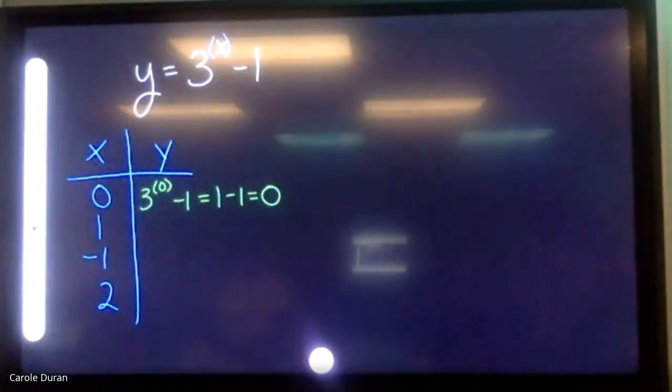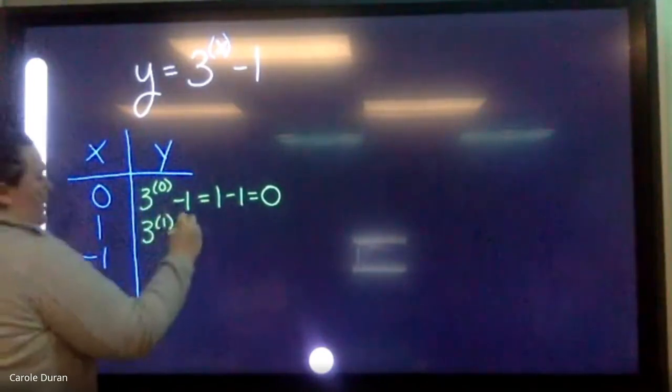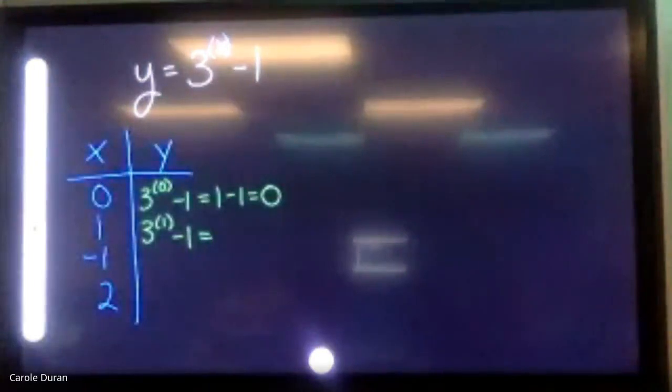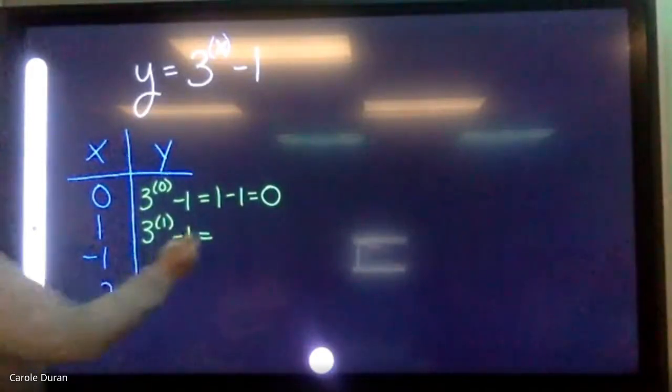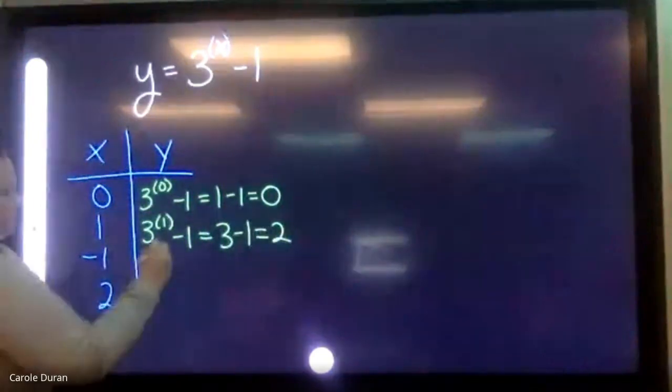This ensures that you make the fewest mistakes possible. If you try to do this all at once, you're more likely to make a mistake. We go ahead and plug in 1 next. I get 3 to the 1 minus 1. What's 3 to the 1? 3. And then minus 1 equals 2. And I keep doing this.